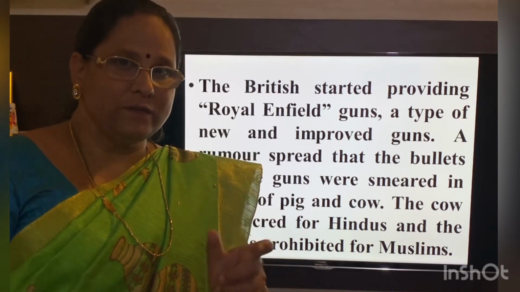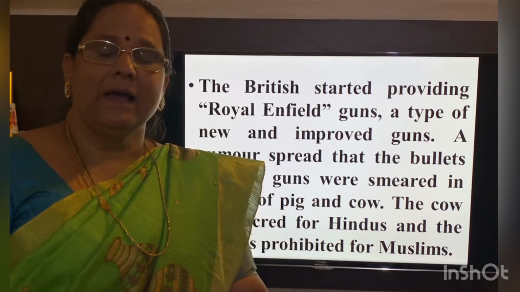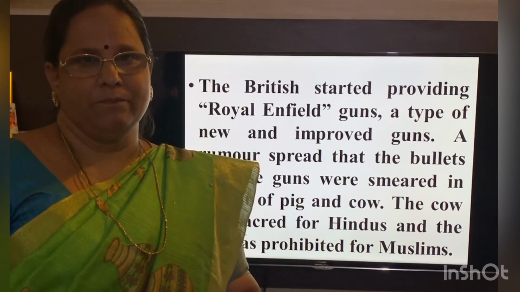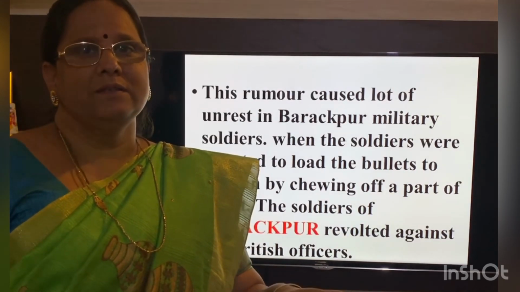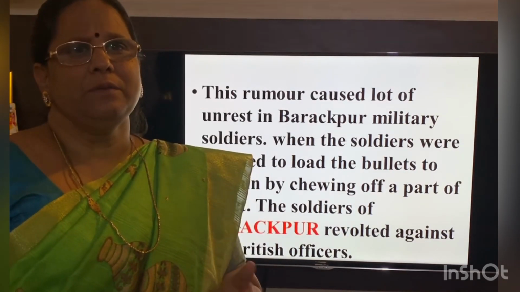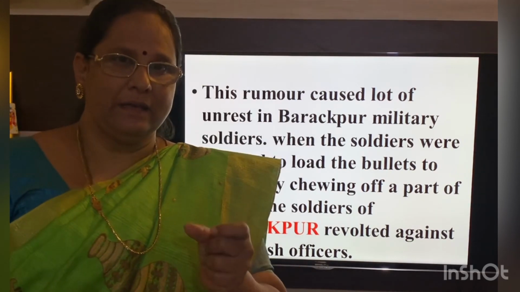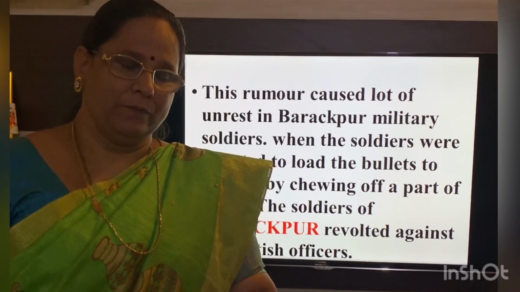The cow was sacred for Hindus and pig was prohibited for Muslims. This rumor started spreading to different parts of India, and mainly it affected Barrackpore.